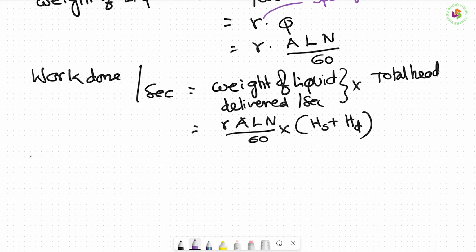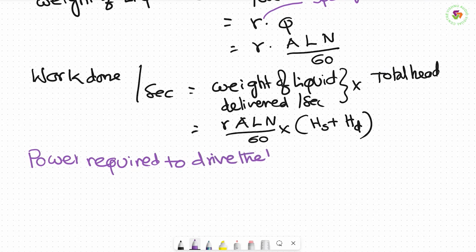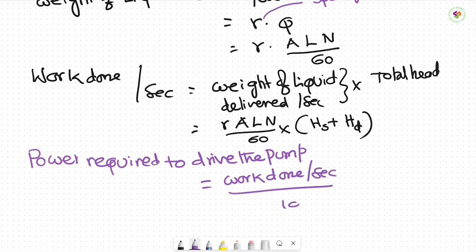Then if I want, what is the power required? Power required to drive the pump is also nothing but work done per second by 1000 kilowatts.